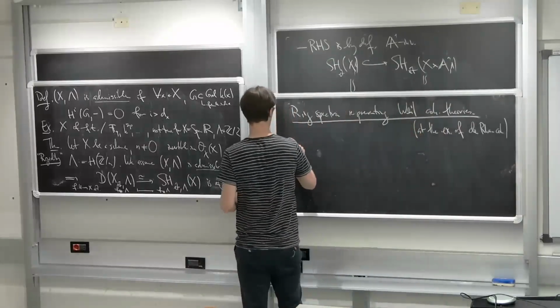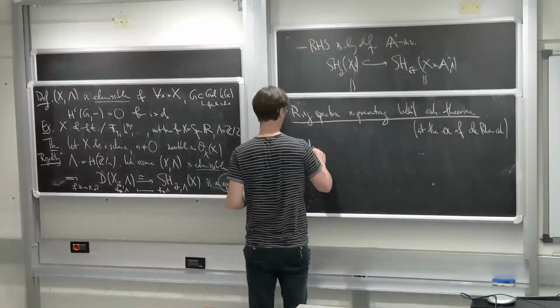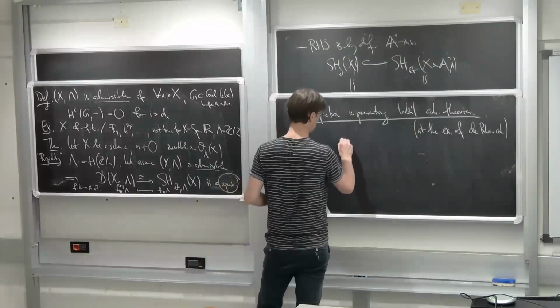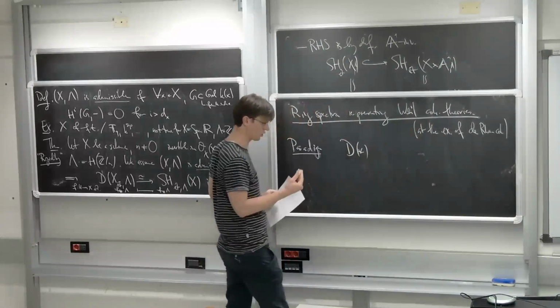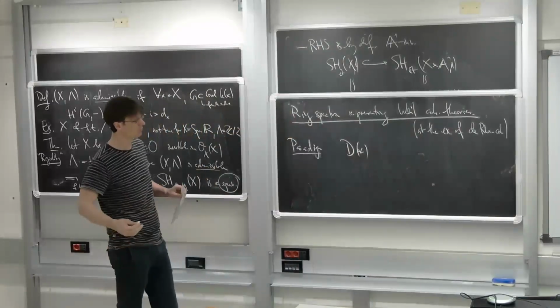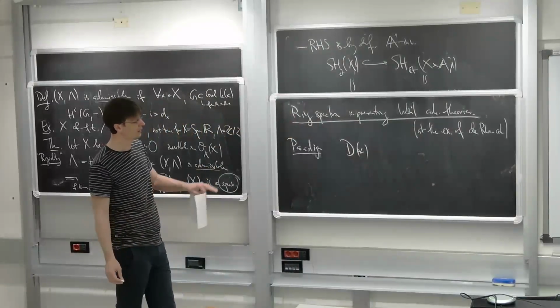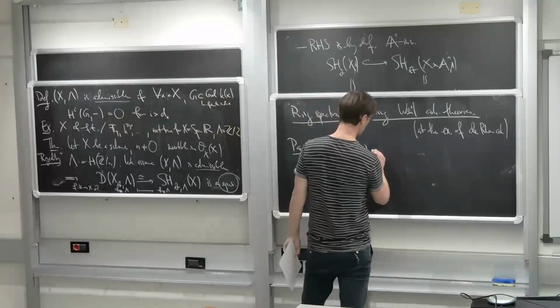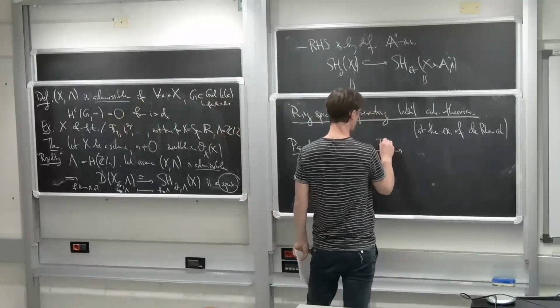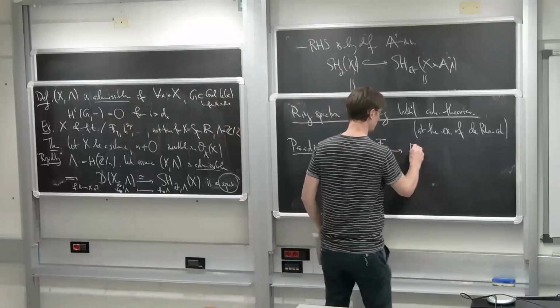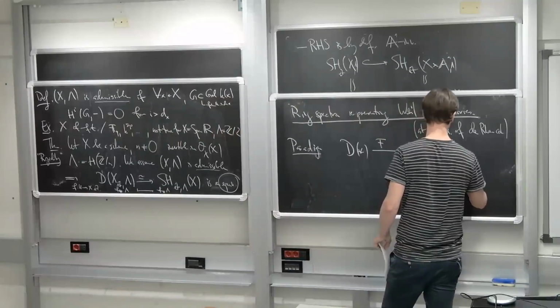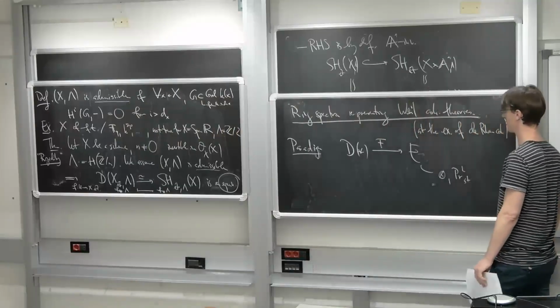So the paradigm is the following. We have this category D star, which will be SH or stack, ground ring, ground field, whatever, in a moment. And we are trying to find another object here. What if we had a functor from here to some other presentably symmetric monoidal category?